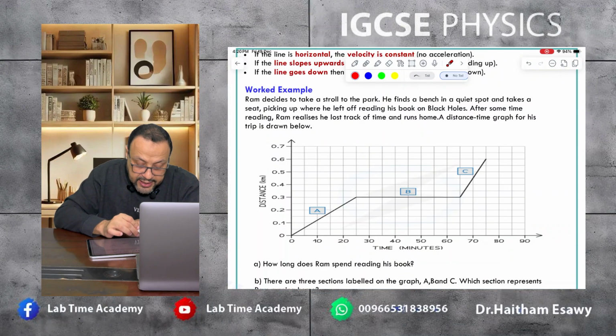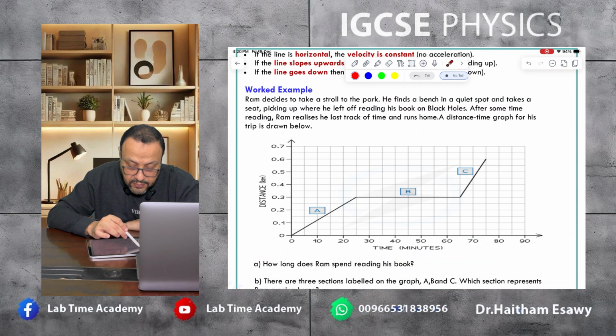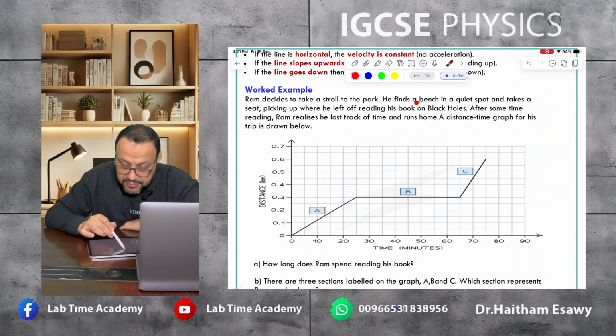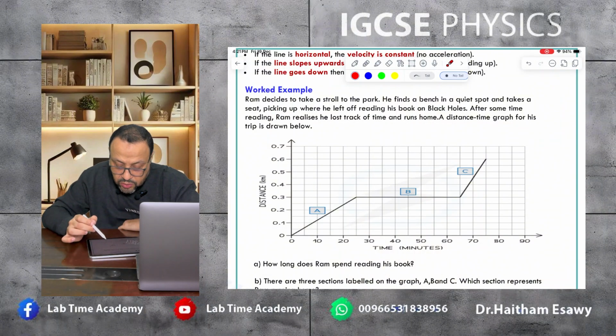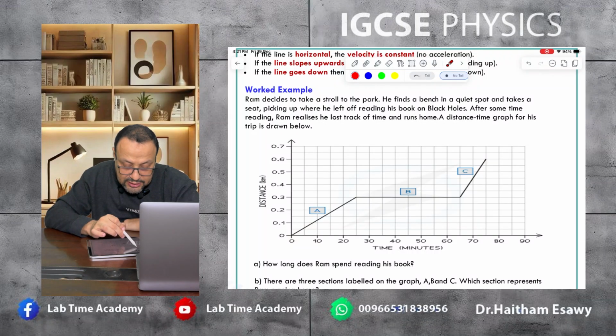Working example. Ram decides to take a stroll to a park. He finds a bench in a quiet spot and takes a seat, picking up where he left off reading his book on the black hole. After some time reading, Ram realizes he lost track of time and runs home.